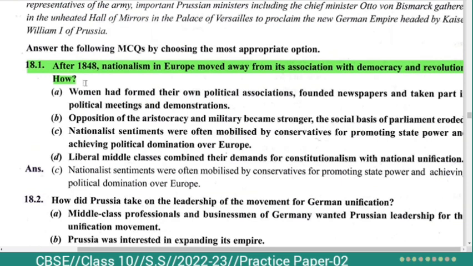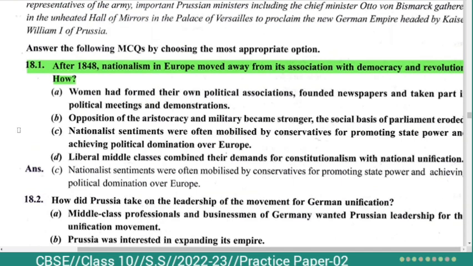The social basis of parliament eroded. C. Nationalist sentiments were often mobilized by conservatives for promoting state power and achieving political domination over Europe. D. Liberal middle classes combined their demands for constitutionalism with national unification.